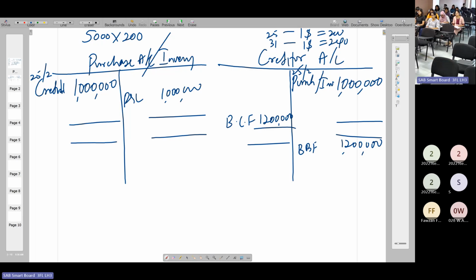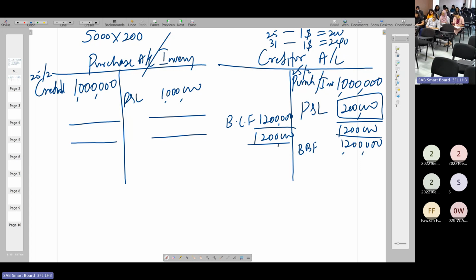The difference should be charged to where? OCI or PNL? This is a foreign transaction translation difference. PNL or OCI? PNL. Yes, this should be charged to PNL. Foreign exchange difference, that is 200,000.